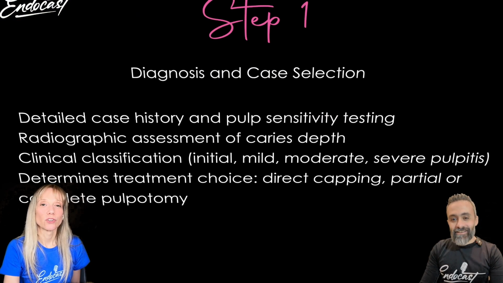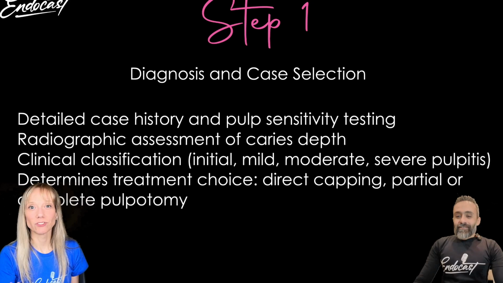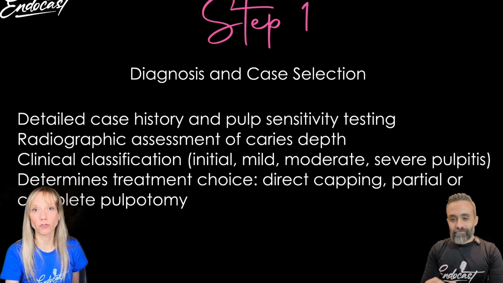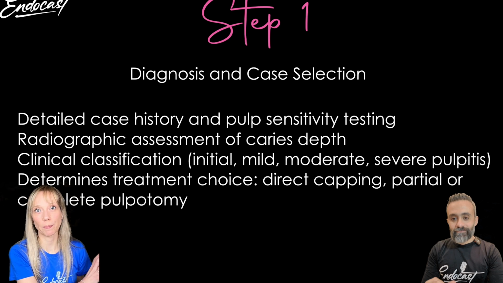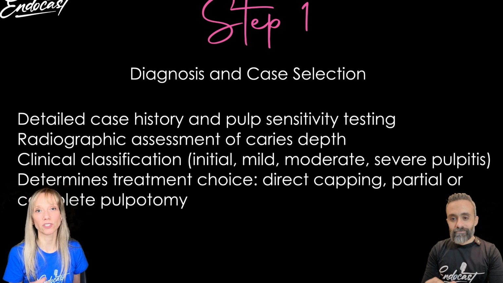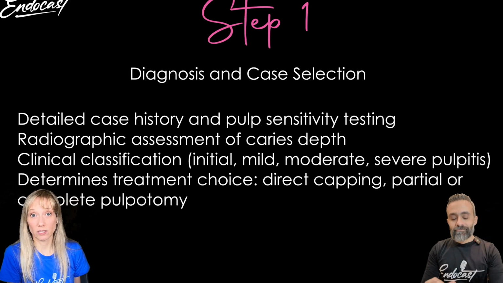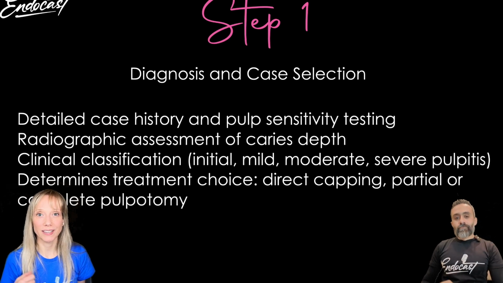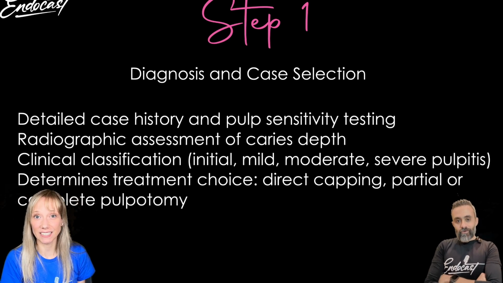So, the first step to make a successful vital pulp treatment is, of course, what you said in the first episode. So, to diagnose and to select the case adequately. And so, how could we do it? First of all, we have to speak to the patient and try to catch some details.